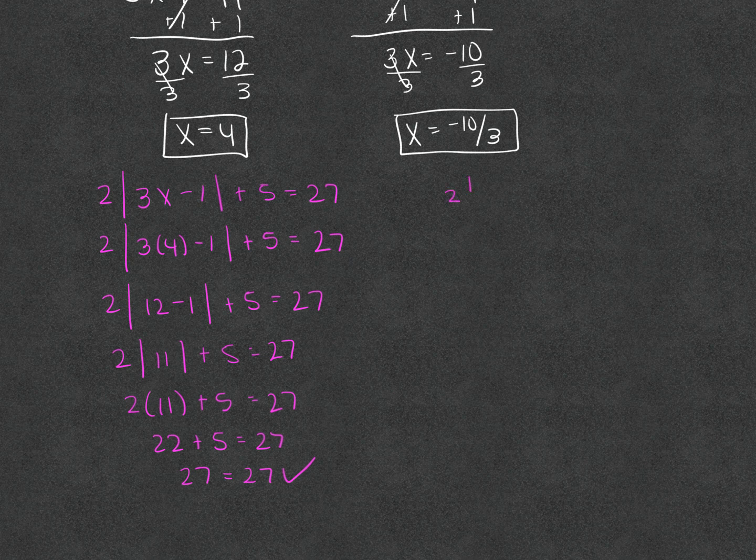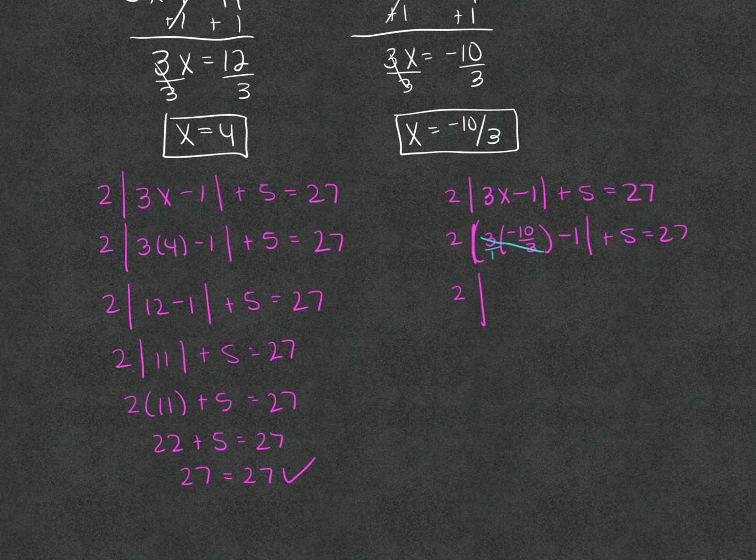Same thing with the other one. So, again, we started with this equation. And then we're going to plug in negative 10 over 3. Okay. So, when we're multiplying negative 10 over 3 times 3, that's like 3 over 1, and those 3's just cancel out.